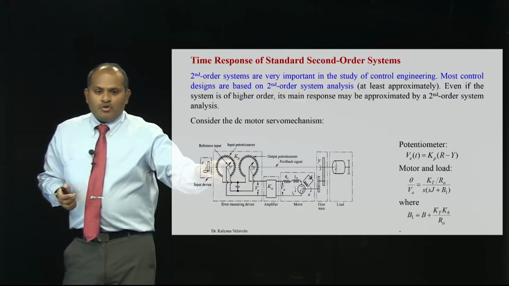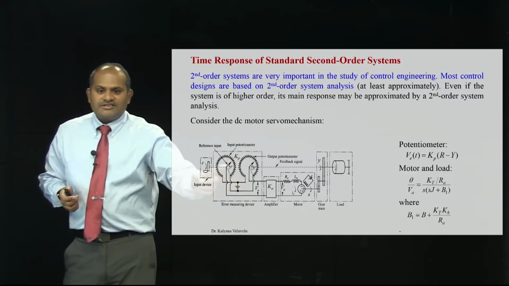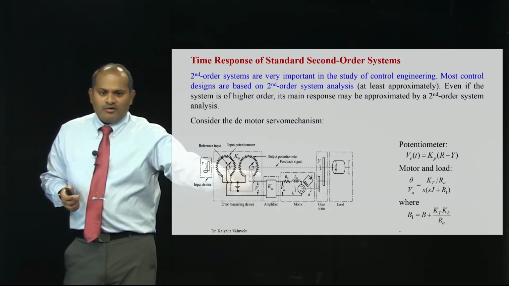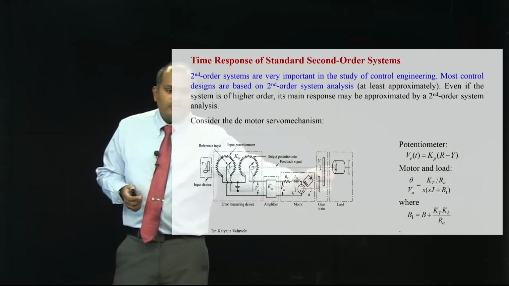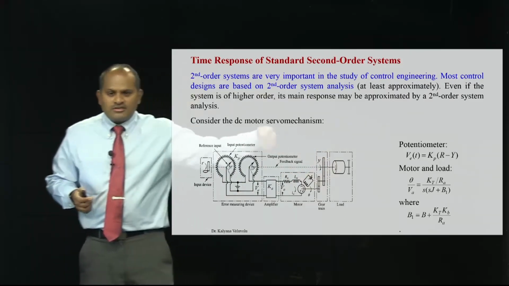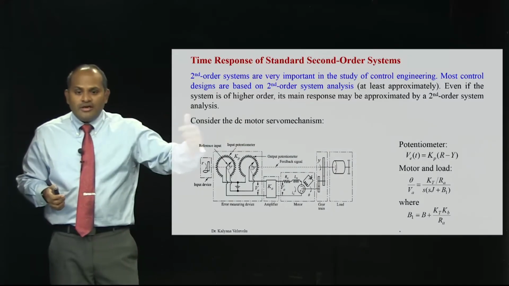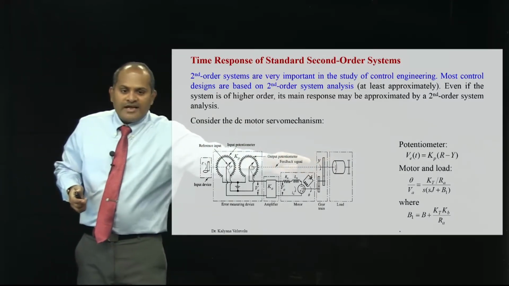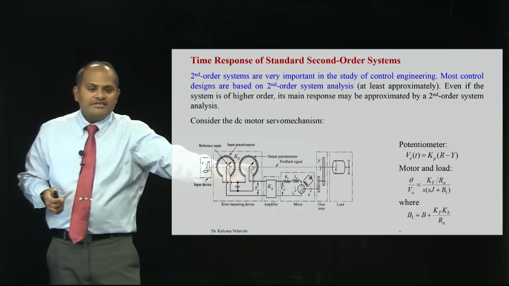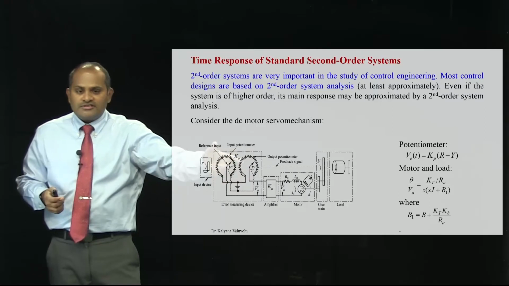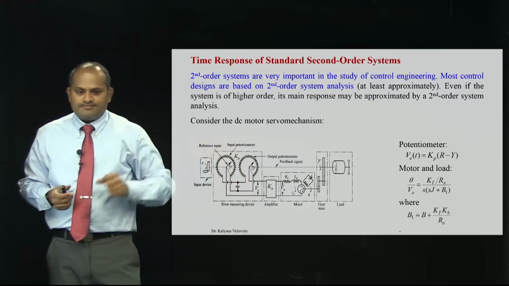Depending on the position of the arrow, the resistance changes and the output voltage changes. One of the potentiometers is connected to the load. When the load rotates, depending on the speed, it works as feedback: the arrow position changes, and so the voltage changes.